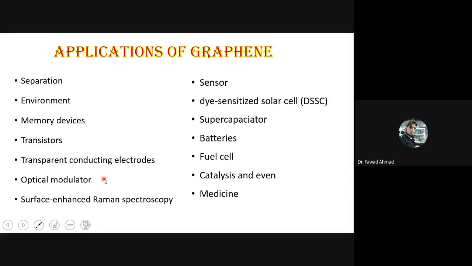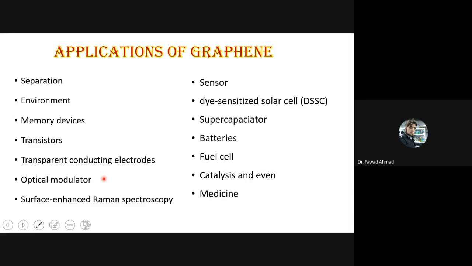Now coming to the application side, as we discussed before, there are a lot of applications of graphene. What are these applications? It is also used for separation purposes. All those scholars who are working in separation technologies, or separation of one chemical from another, can use graphene.